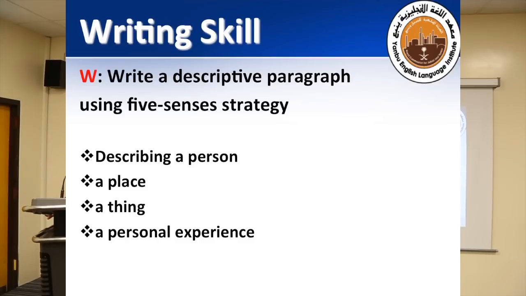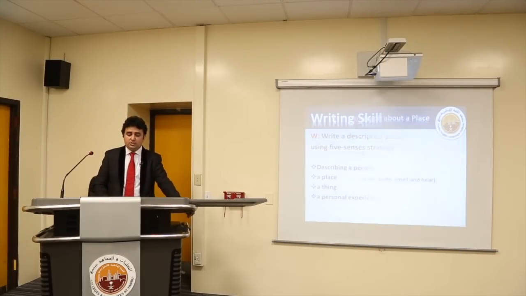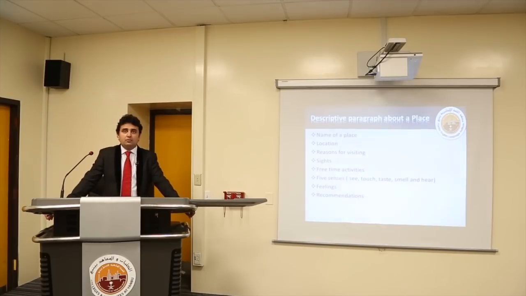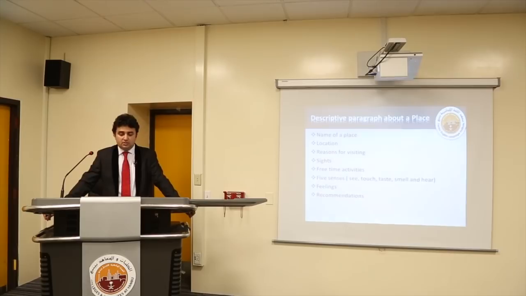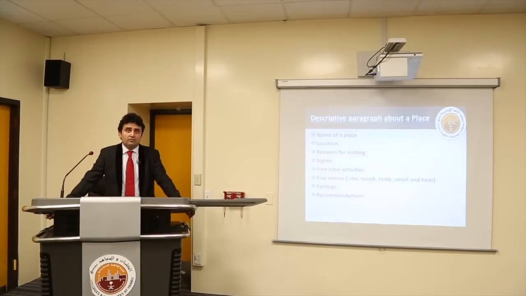You can describe a person, a place, a product or thing, or your personal experience. And when you describe something, you use your 5 senses: sense of sight, sense of touch, sense of taste, sense of smell. As I told you, there are different kinds of descriptive paragraph.